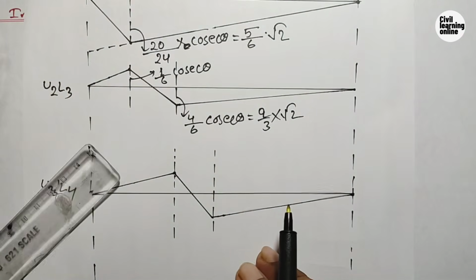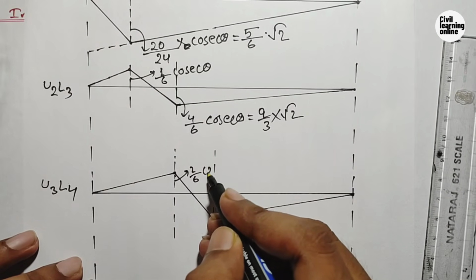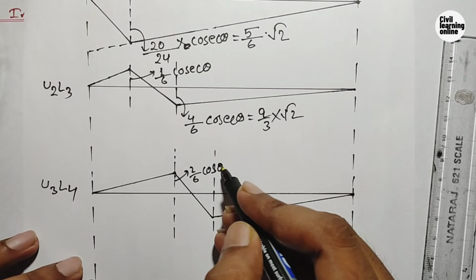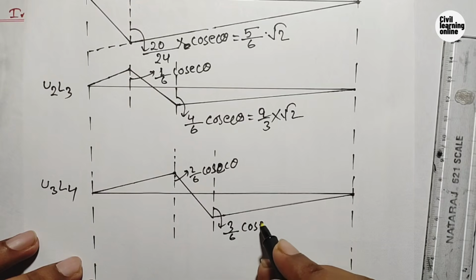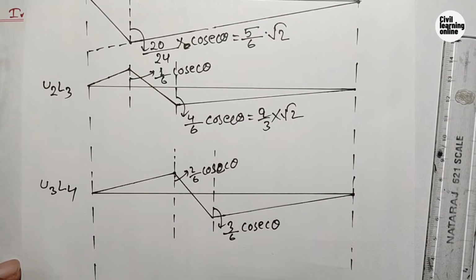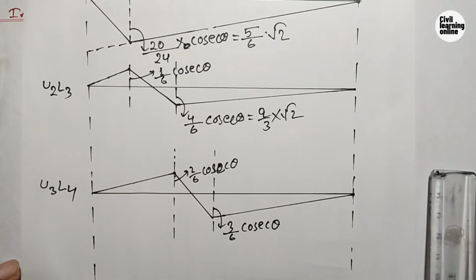And for calculating the height, again it is going to be 2/6 cosec theta, and this value is going to be 3/6 cosec theta. Again I have used here x upon l. When you do that, then you will come to know.